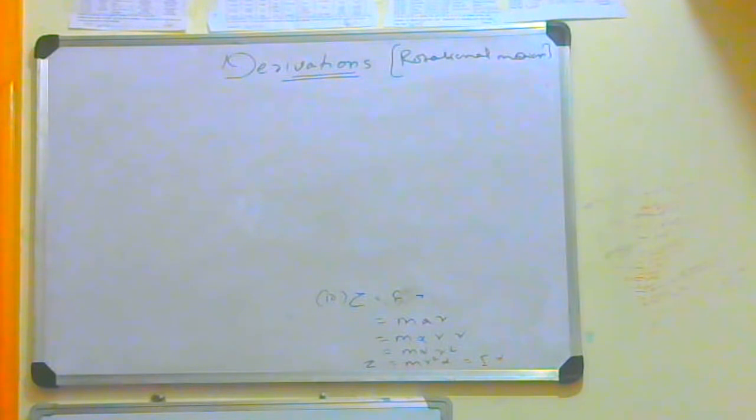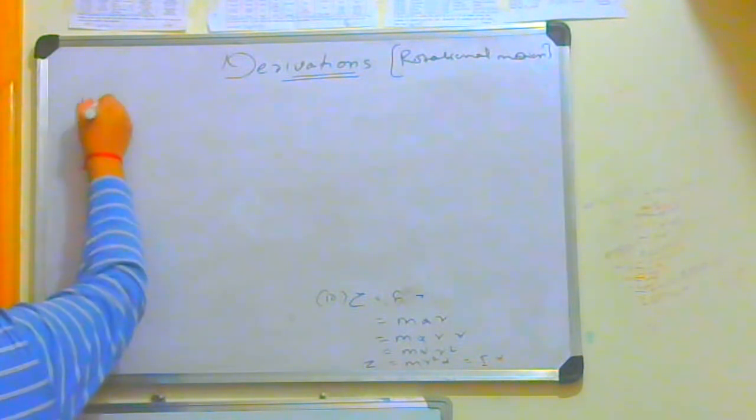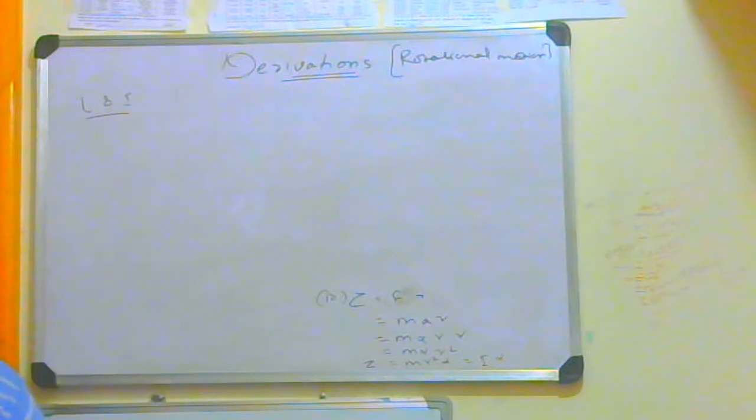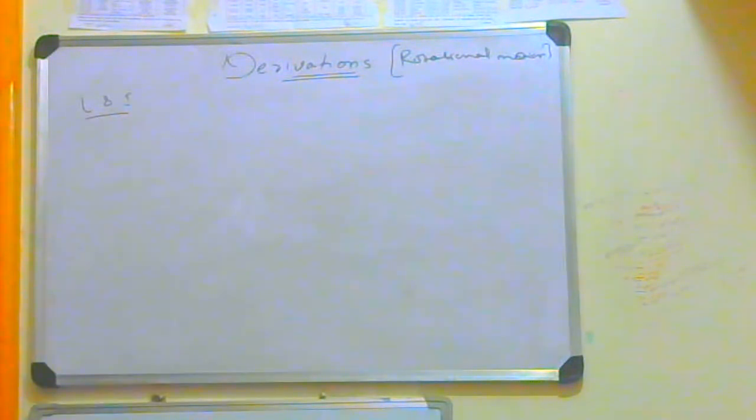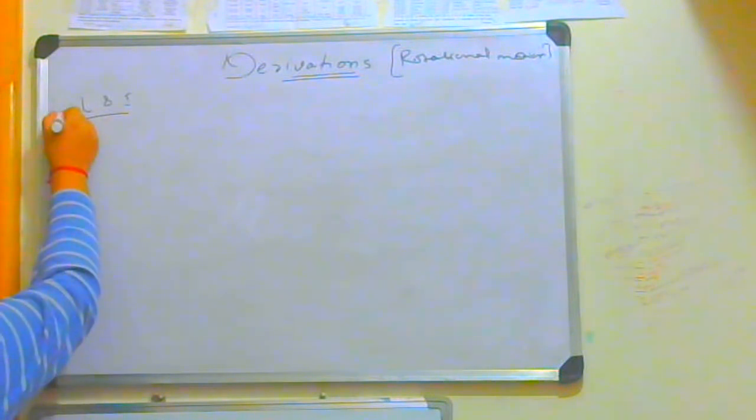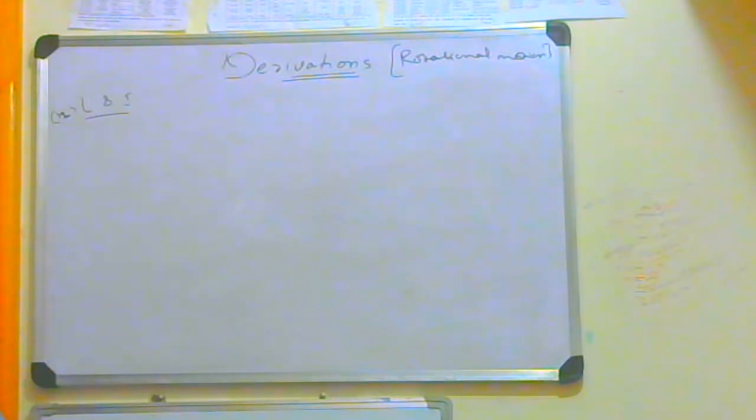11th one is, or rather 12th one is relation between L and I. यहाँ पे बस आपको रिलेशन वाले ही पूछेंगे. This is the 12th derivation, relation between L and I. Okay.